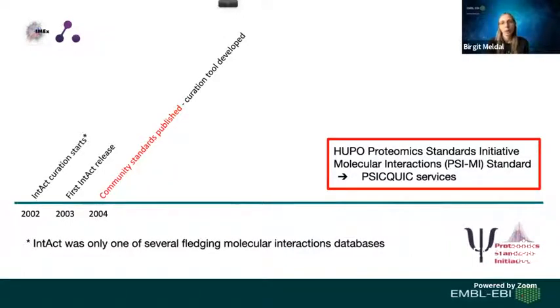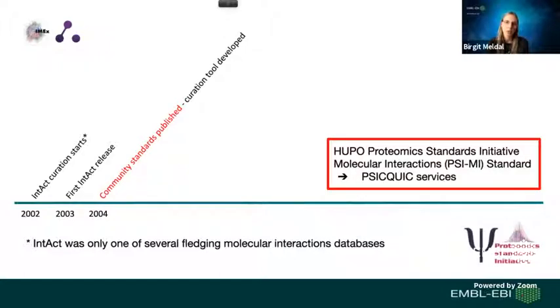And then we also provided a federated interface, which is called PSICQUIC. I haven't got much time to talk about this, but essentially any resource that could provide data in PSI-MI standard could set up a PSICQUIC service, and the user was only required to make one search, and from this search they could get the data from all of the resources.